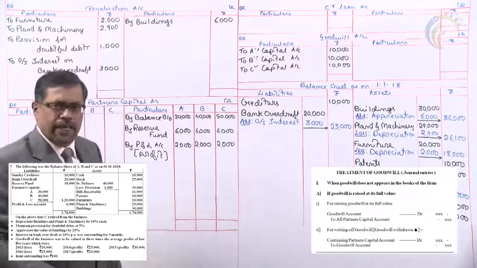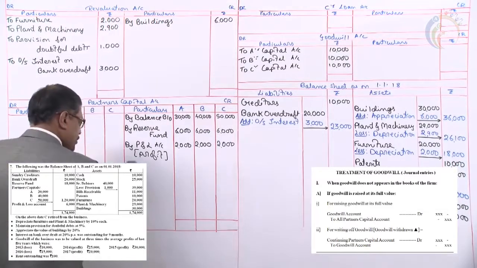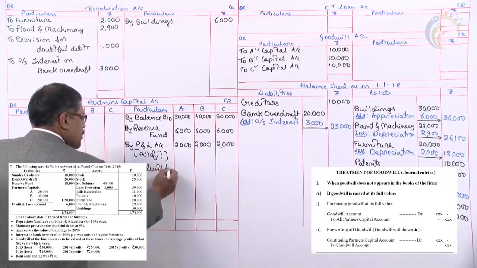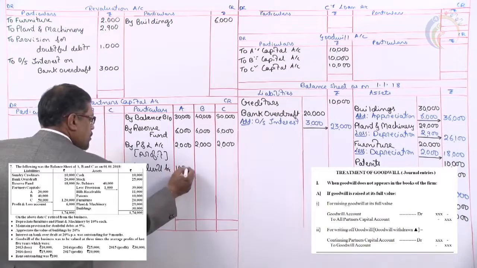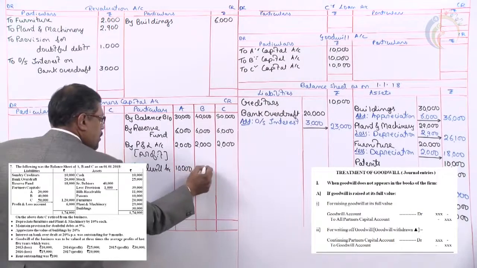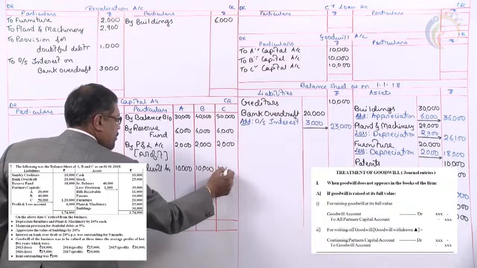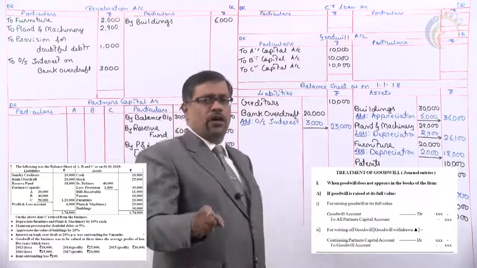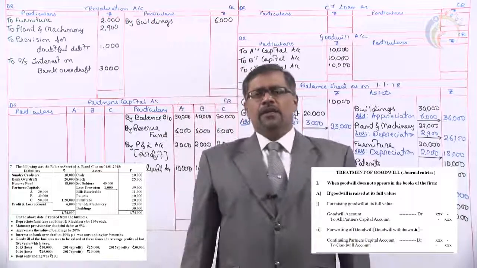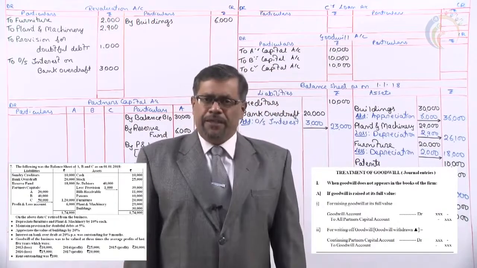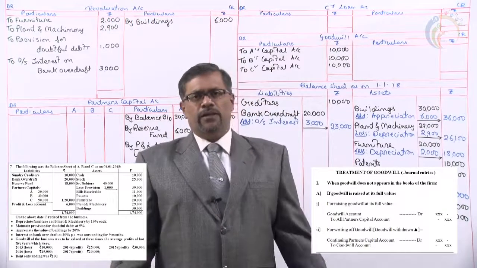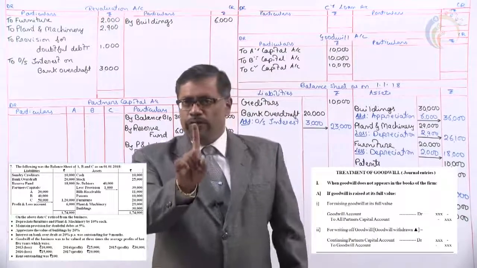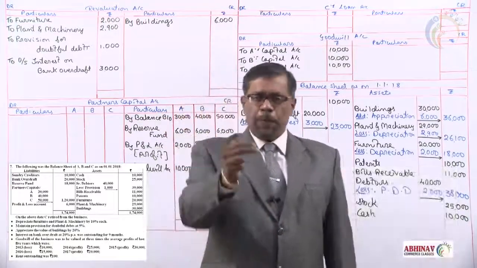Let us transfer that to their partners' capital accounts, by goodwill, 10,000 each. If goodwill is withdrawn, then comes the next entry: continuing partners' accounts debit to goodwill account. It's not withdrawn, so that goodwill withdrawn entry will not be passed.